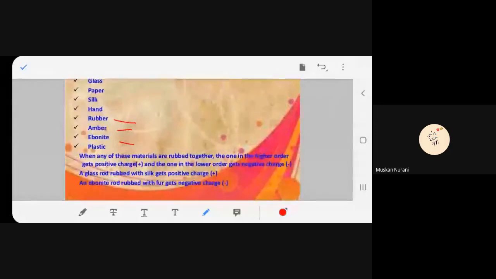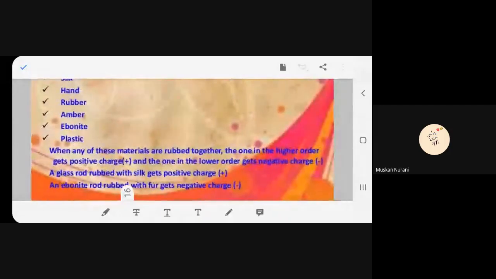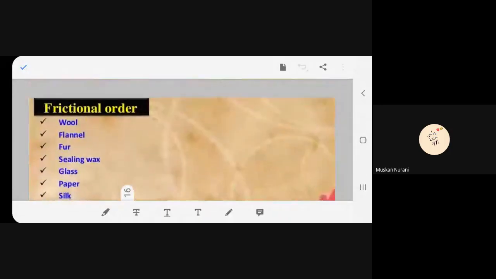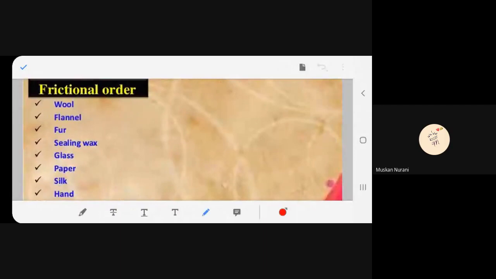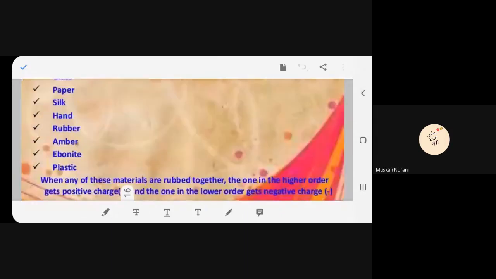Did you understand or not? So when you begin, all of them are positive, but as you go down, they become negative. So all these, ebonite, amber, are negative. Okay?